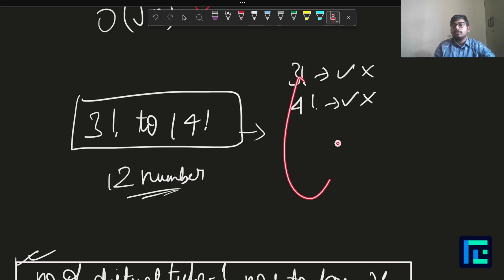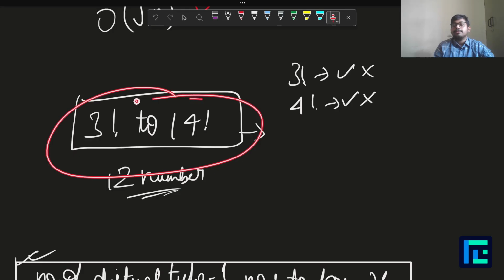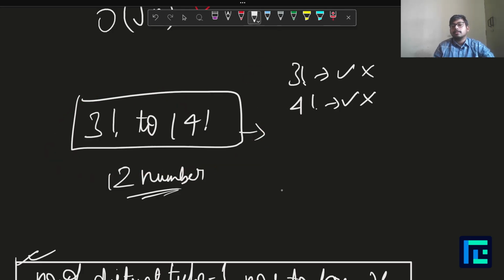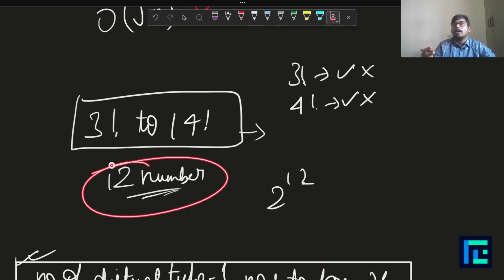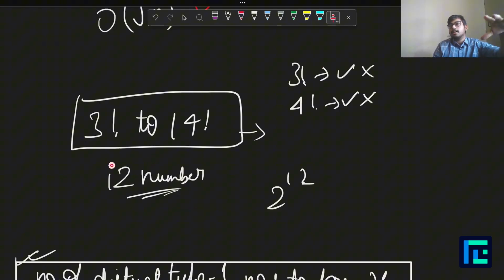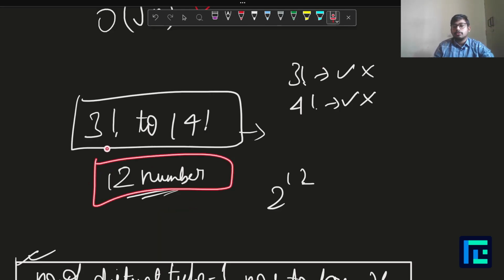The numbers that we would use, the sum of them would form the sum that is formed from type 2. So how many possibilities exist for 12 such numbers? It's 2 to the power 12 possibilities. So there would be 2 to the power 12 possibilities of the sums that we can form using these 12 numbers.